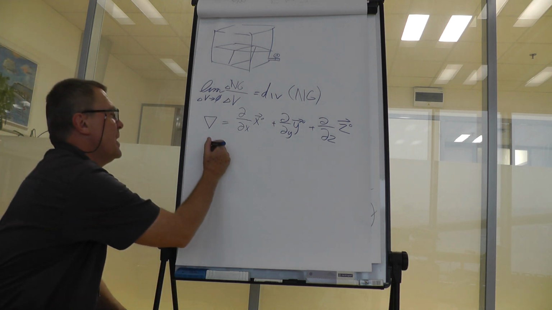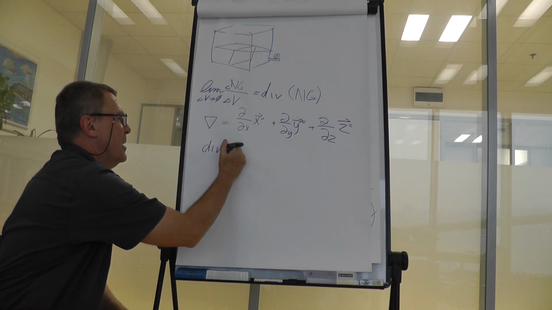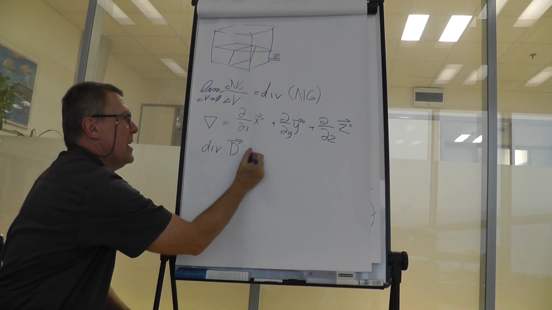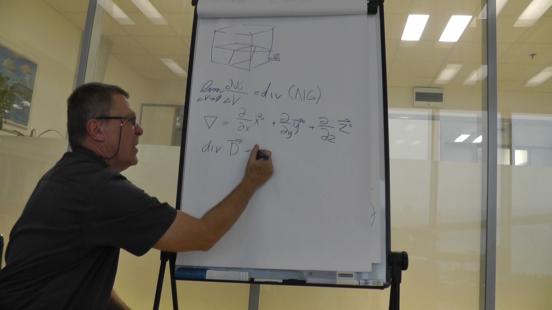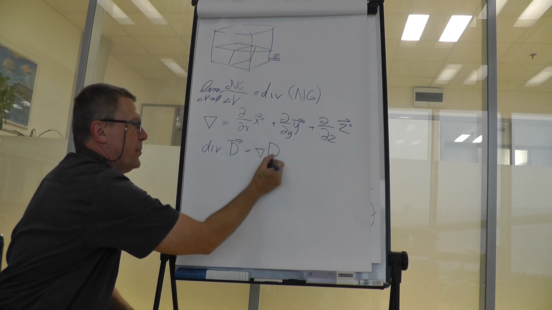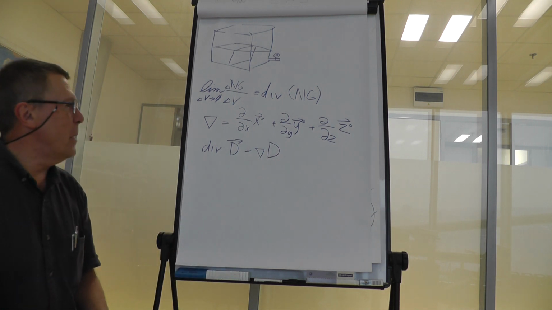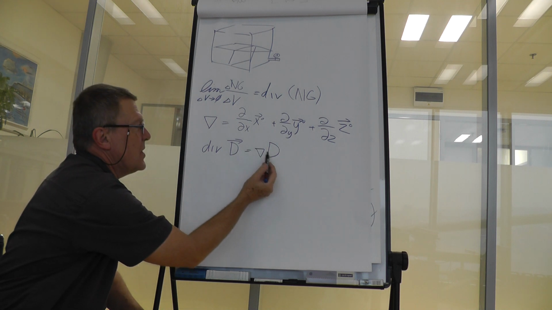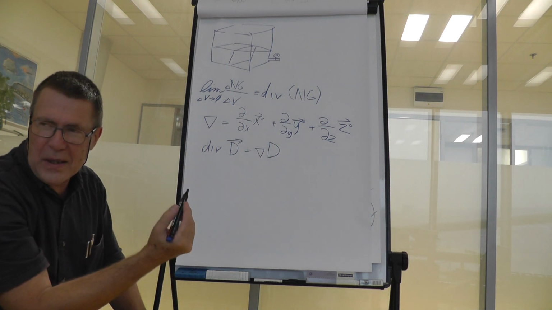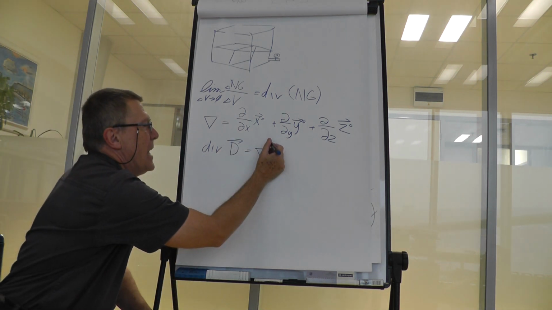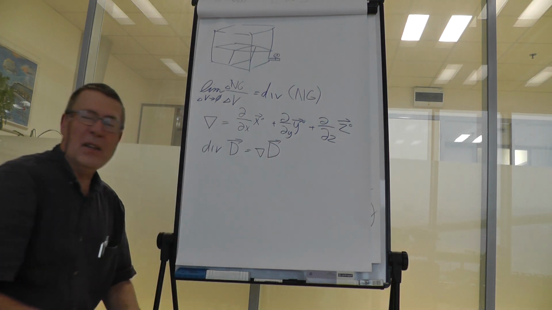So now, using this operator and having a vector function, for example D, we could express the divergence of D as nabla dot D. Now, this is a product. It's important to understand that those are two vectors, and there is a dot product.